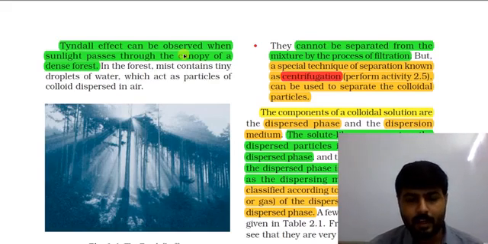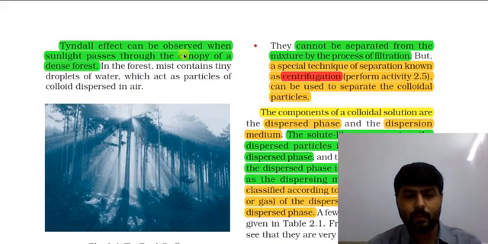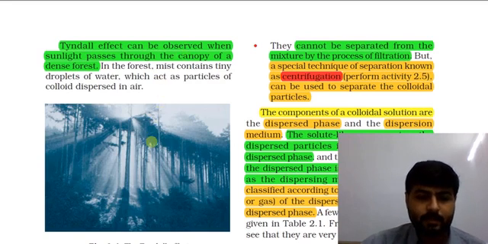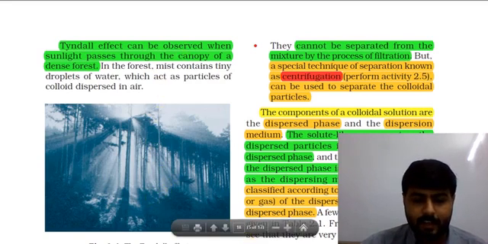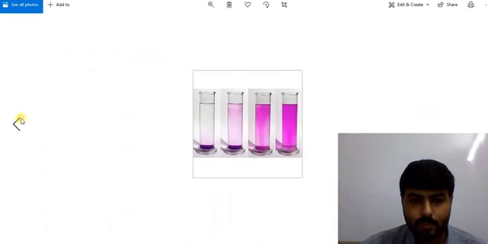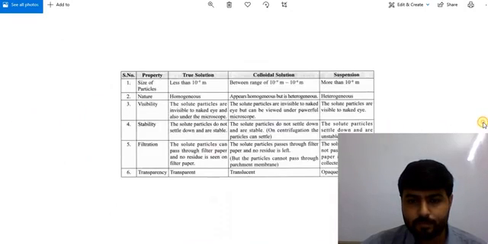Canopy means a layer formed by trees when they are densely packed. Here in this figure we have a much clearer image of that canopy also.